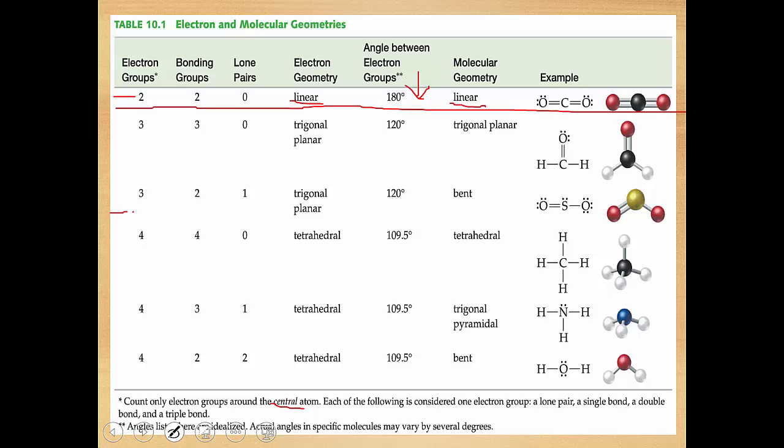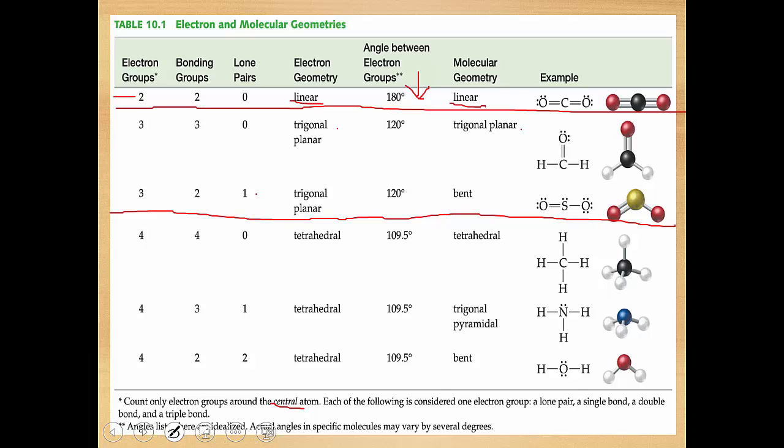Now, 3 electron groups, I can have 2 different situations. I'm going to draw a line here. I can either have all 3 as bonding groups and 0 lone pairs, in which case the electron geometry is trigonal planar, and the molecular geometry is trigonal planar. If I do not have lone pairs, those 2 are always the same, electron and molecular geometry.